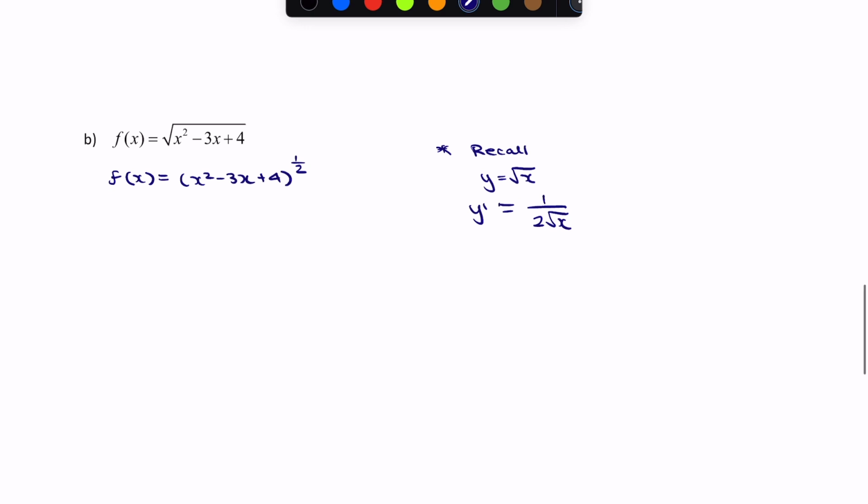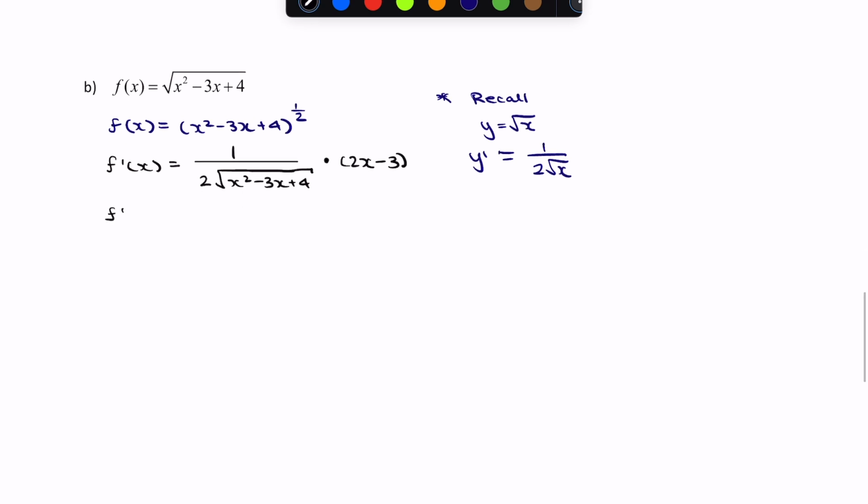And we'll do the derivative of the outside first. So bring down the 1/2. So f prime of x is equal to 1 over 2 square root of x² − 3x + 4, and multiplied by the derivative of the inside, which is 2x − 3.